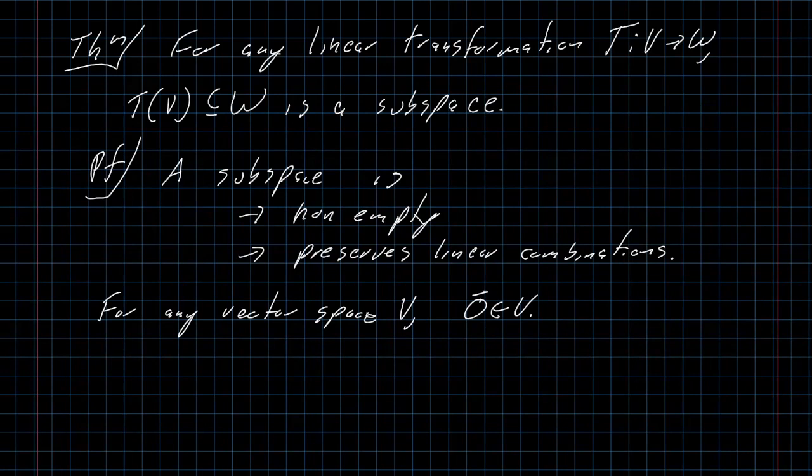Well, thinking about the axioms of a vector space, for any vector space, the zero vector must be an element of that vector space. It's the only vector that we are guaranteed to have in any given vector space, and every given vector space must have a zero vector.